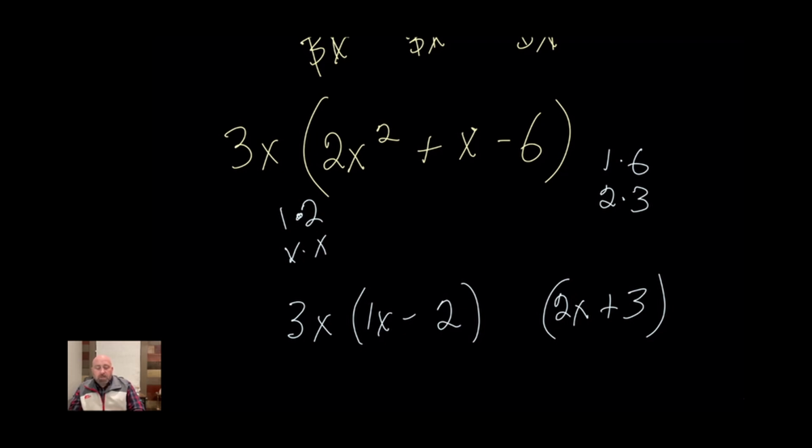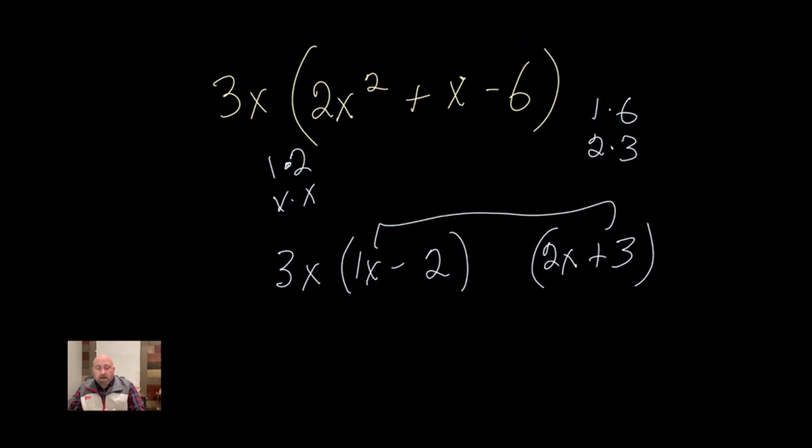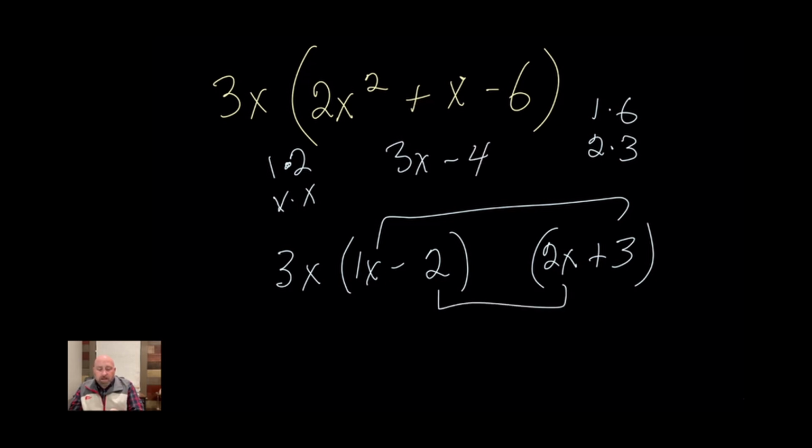And now what we want to do is we want to do our outers. And so doing our outers, I'll do them up here, gives us a 3x. And then we do our inners, and that gives us a negative 4x. And so combine those, and that gives us a negative 1x. Well, we have a positive x.